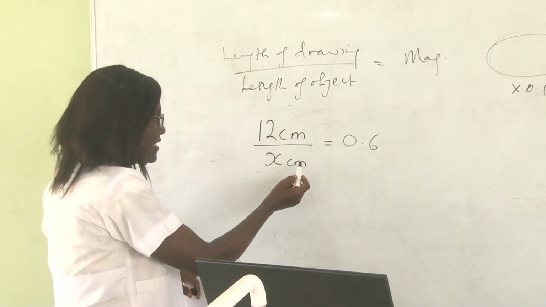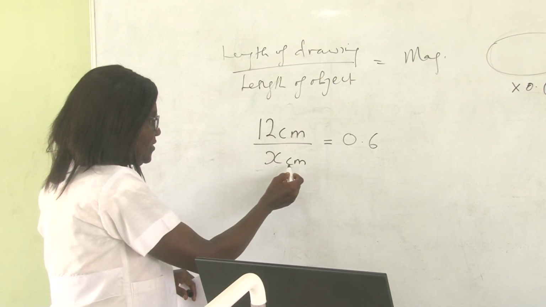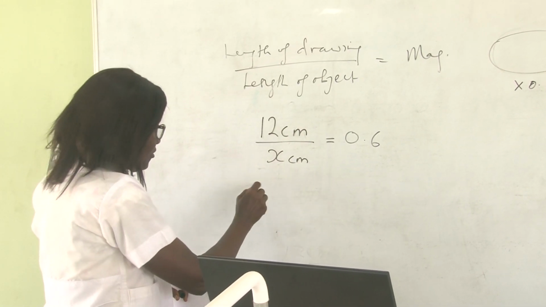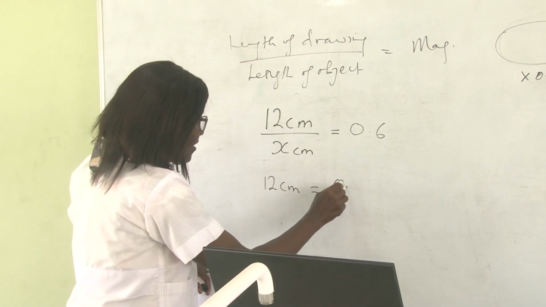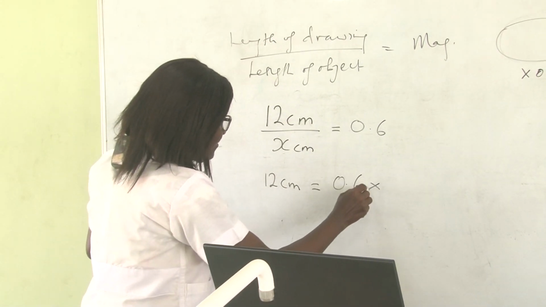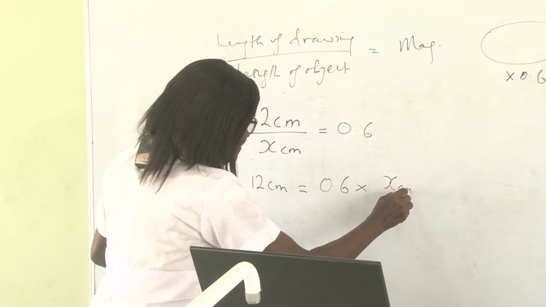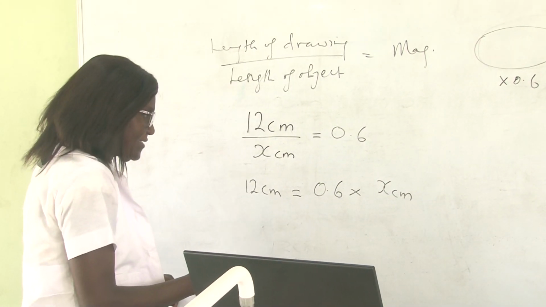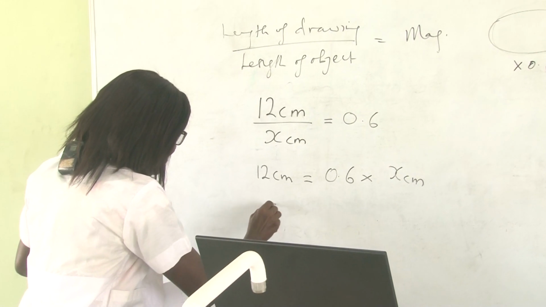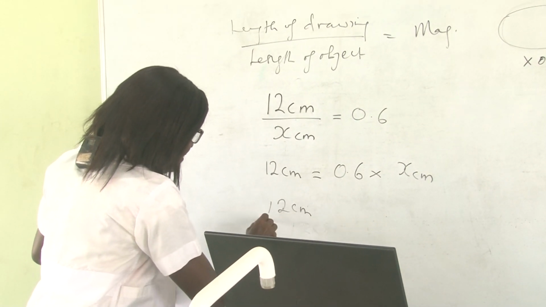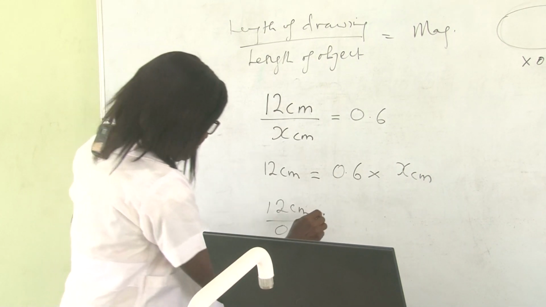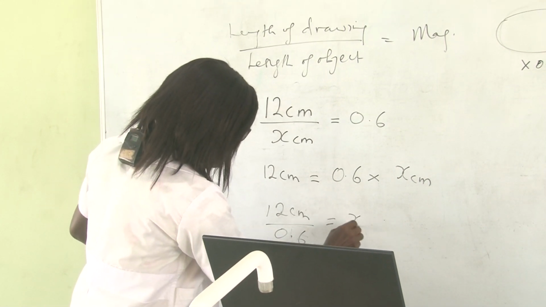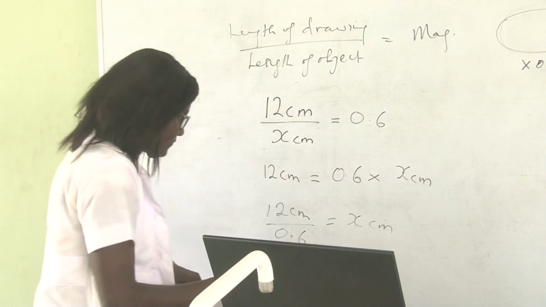We are looking for the length of the fish, which is the length of the object. So we have 12 centimeters on this side, and 0.6 times x. All right? So we can have another one: 12 centimeters over 0.6 is equal to x centimeters.